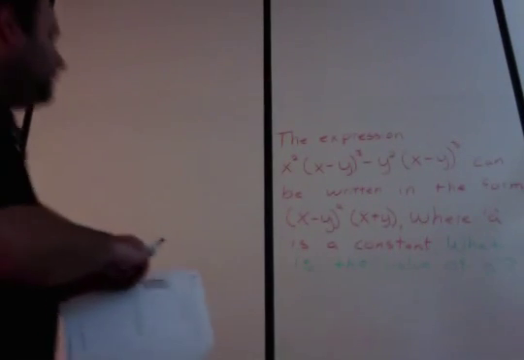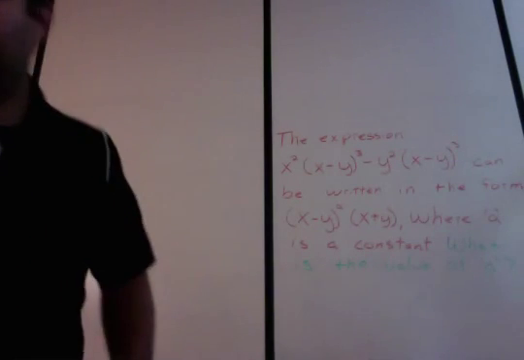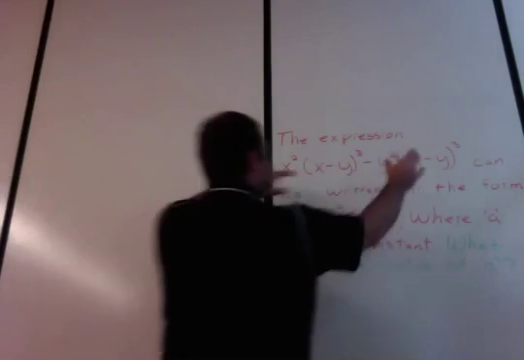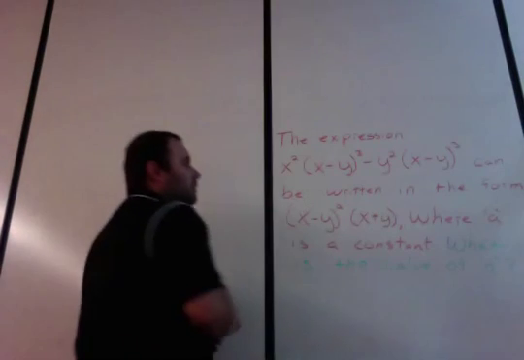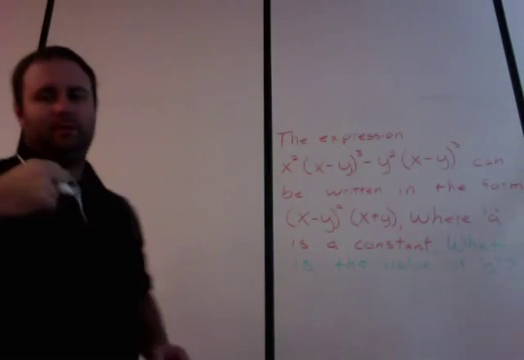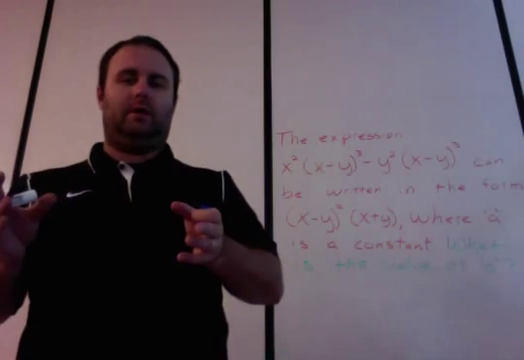Okay. Now, what we need to do is go back to the previous problem, which was this, and try to rewrite it in this form. Now, here's some things I want you to consider. We've been talking about factoring expressions, especially the quadratic stuff.